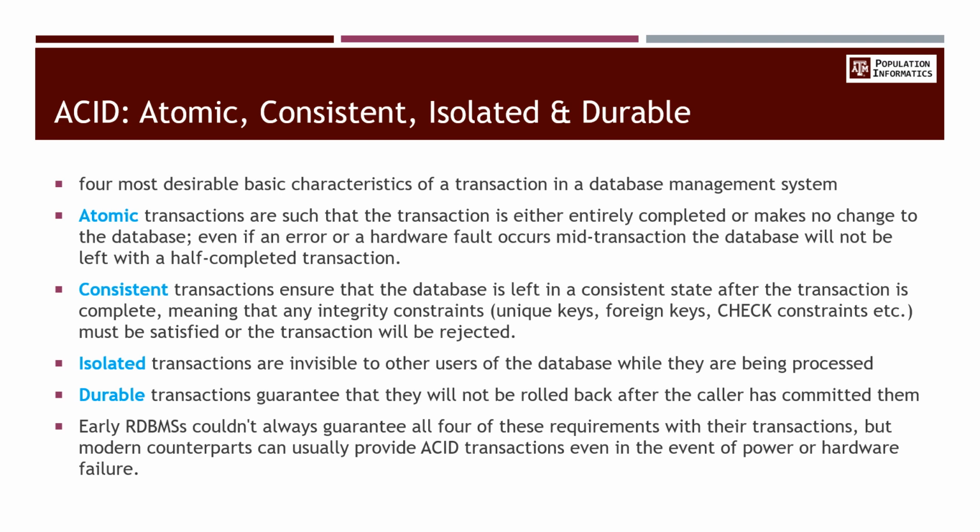This is important for concurrent use by many users. Finally, durable transactions guarantee that they will not be rolled back after the caller has committed them. Early relational database management systems couldn't always guarantee all 4 of these requirements with their transactions, but modern counterparts can usually provide ACID transactions even in the event of power or hardware failure.